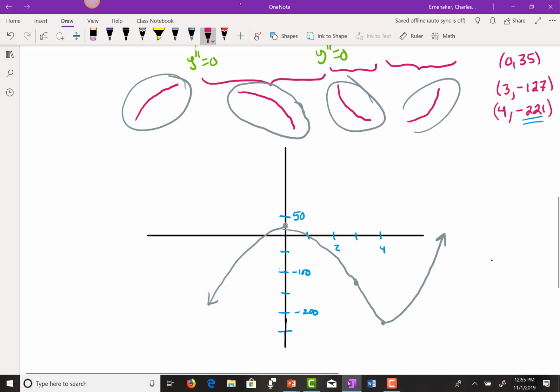What do we need to include here? That's right, the coordinates of the points. This is going to be 0, 35. This is going to be 3, negative 127. And then this one is going to be 4, negative 221.